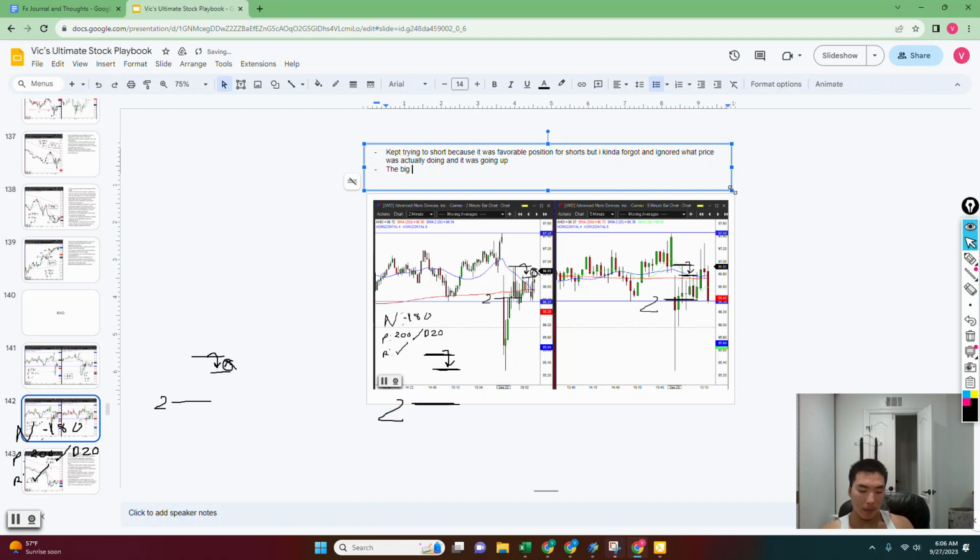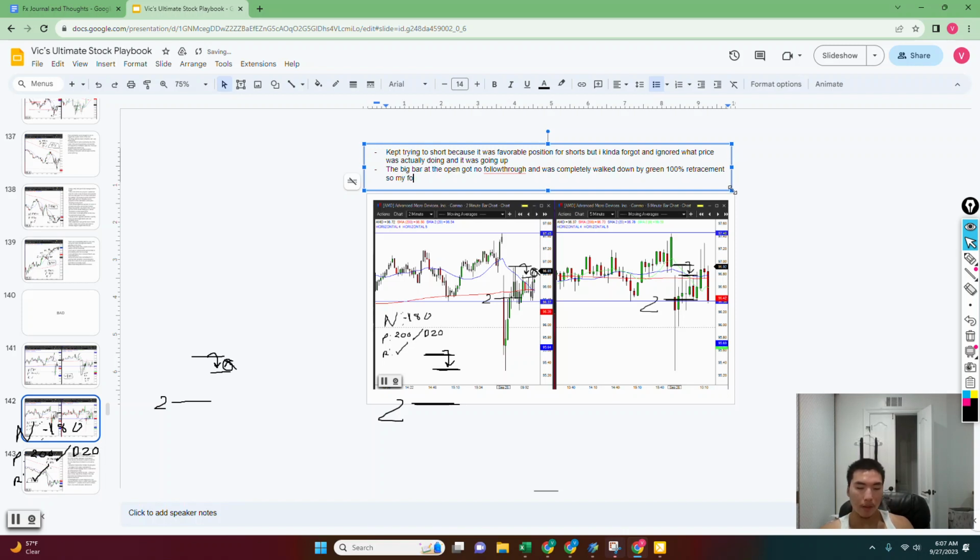The big bar at the open got no follow through and was completely walked down by green, 100% retracement.